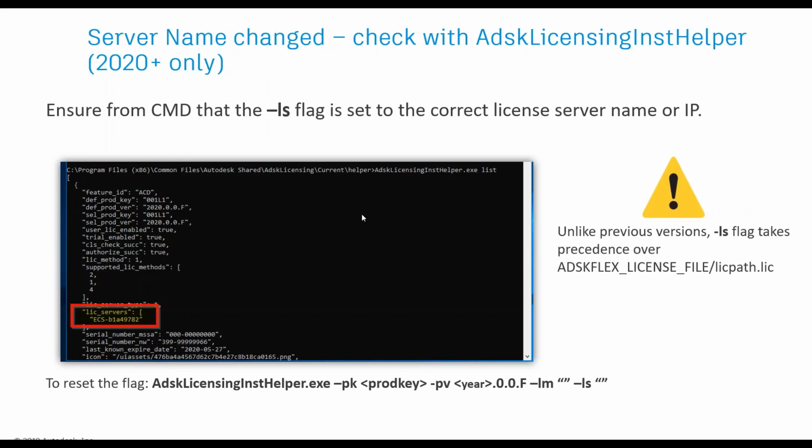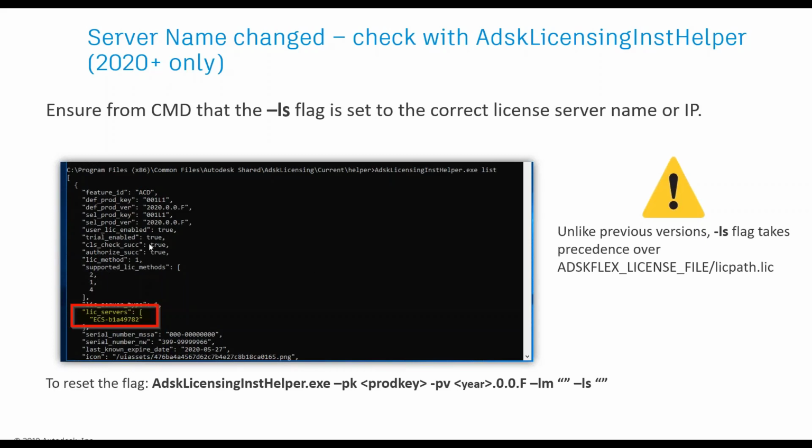This information is stored in a small file in program data, and it's always valid no matter what we put in the leakpath.lic or the ADSK flex variable. So it's not enough anymore to just go check the variable or the leakpath file, but we need to make sure that the install helper is showing us the right server in there.